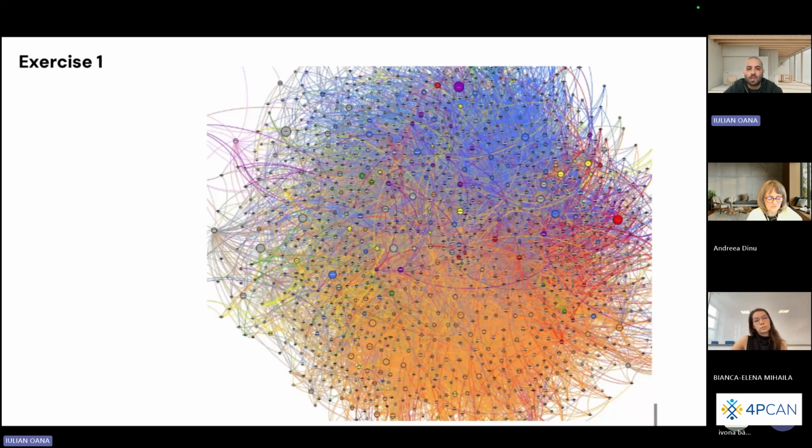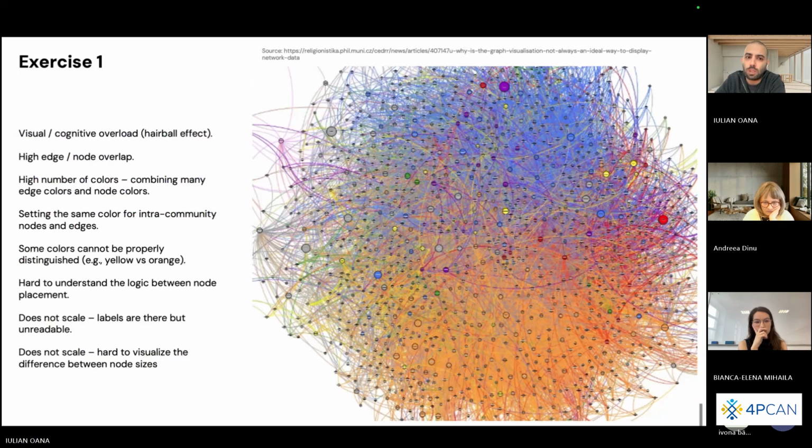Of course, we can see some nodes are bigger than the others, and we can see that, okay, we have some communities here, because we have this blue area and this orange area, but as you said, the color schemes are quite dubious because, for example, it's very hard in some points of this image to distinguish between yellow and orange ties, or between orange and blue ties, or between blue, orange and red ties, or between blue and violet ties.